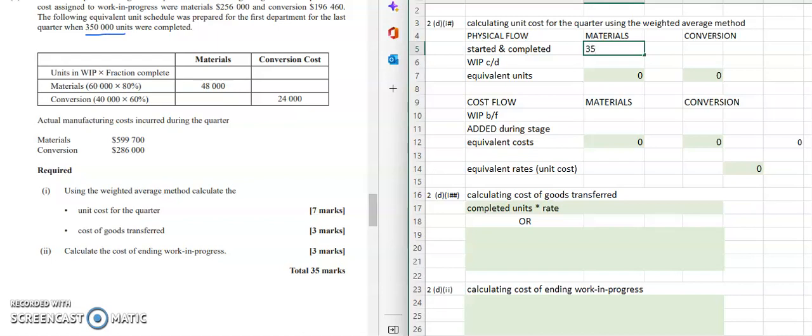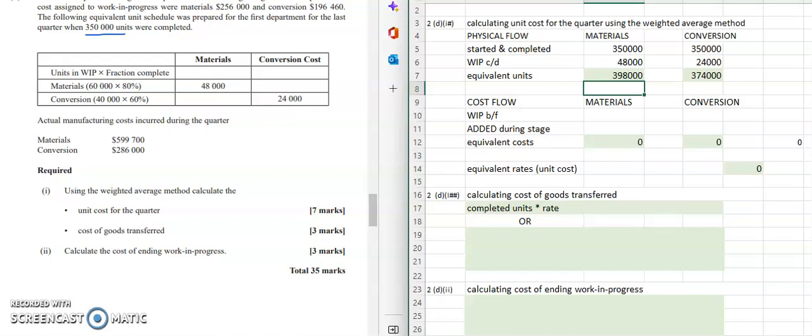So I'm going to write those in. And if they're completed, it means that they're 100% material, 100% conversion. And then it says here that for the work in progress, we have 48,000 in materials and 24,000 in conversion. So therefore, the values will be 398,000 in physical material use and 374,000 in conversion used up.